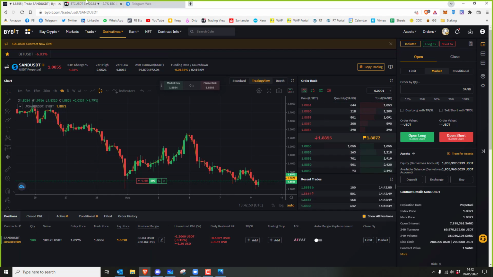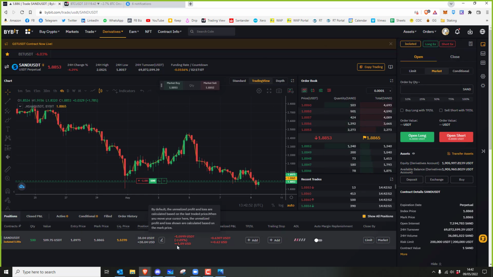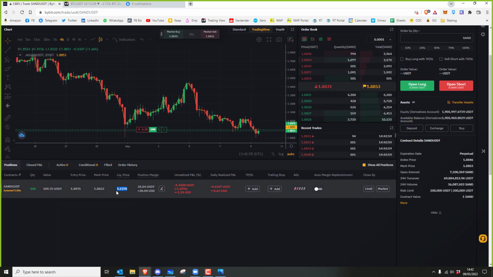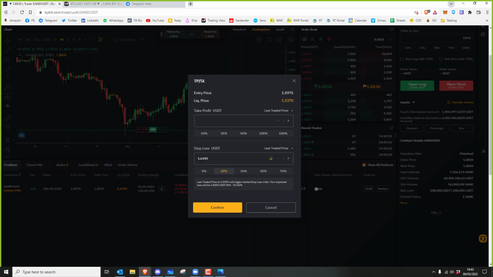So obviously, I've got a relatively big chunk of money in this account. So if suddenly everything went wrong, the liquidation price is miles away, right? We didn't put a stop loss in. I don't know, let's just put 1.85, any random one.